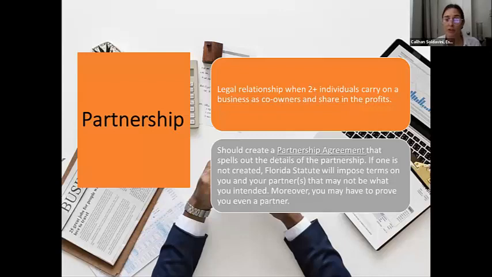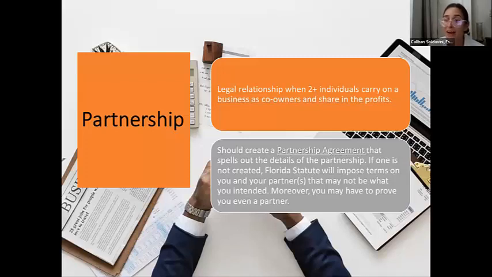When there's a partnership, or anything you're doing with more than just yourself, you should create a partnership agreement. This is something we got into more in depth in our webinar two weeks ago relating to written agreements. A partnership agreement spells out the details of the partnership, and if one is not created, Florida statute will impose terms on you and your partners that may not be what you intended. Moreover, I just added this slide.